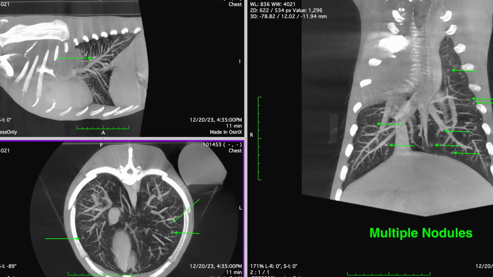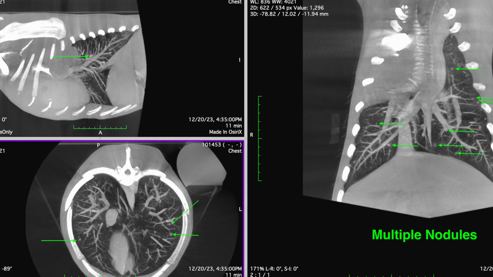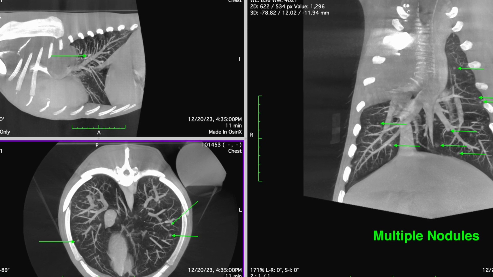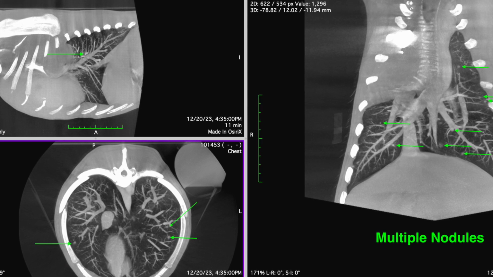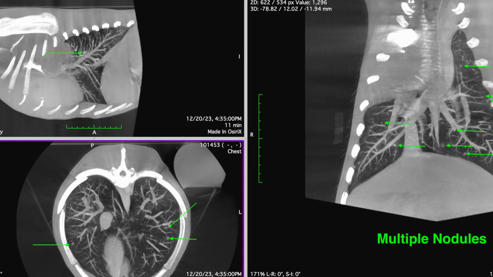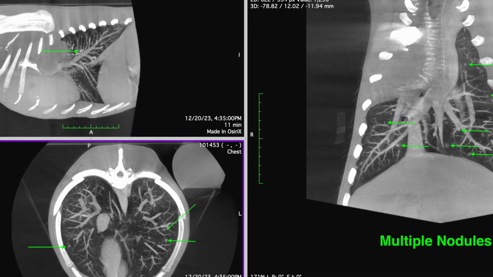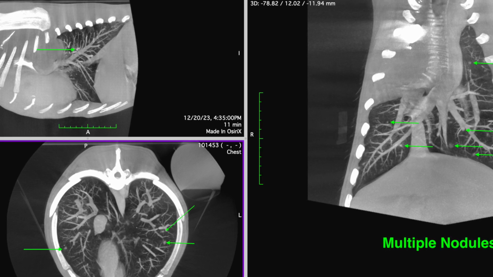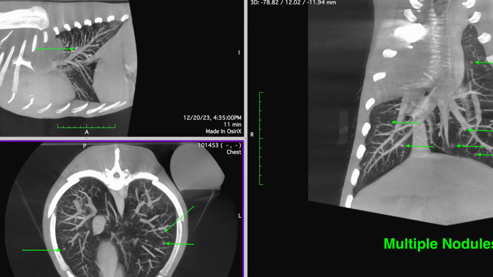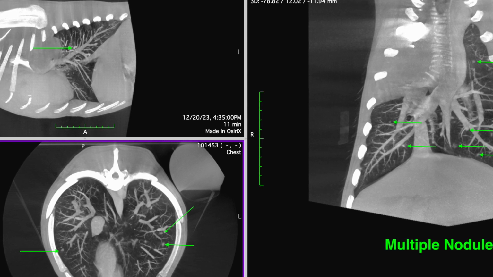We often like to thicken, just like we did with Cinnamon's images earlier, to really get a good view of what's going on in the lungs in 2D. We thicken the data set, so we're going from a 300 micron to a 7 or 8 millimeter thick slab. So it's a 3D slab that we're looking at on the screen now in black and white, and it gives us the indicators of where all of our nodules are.